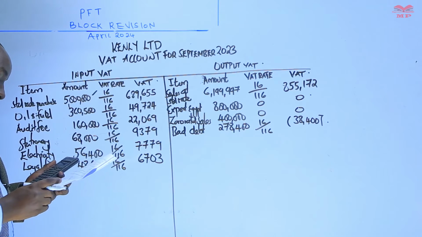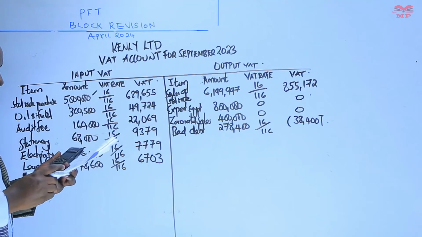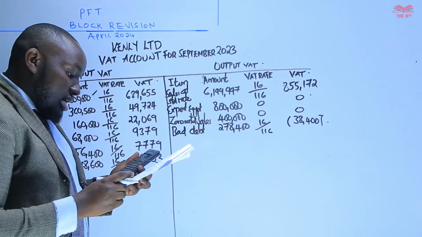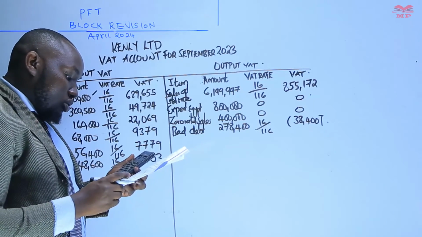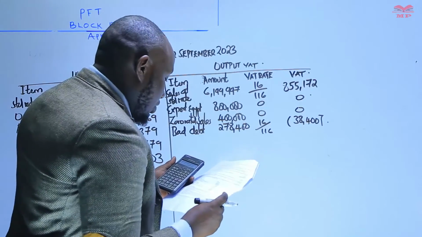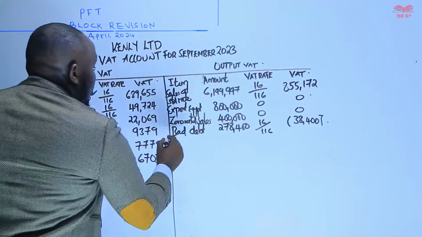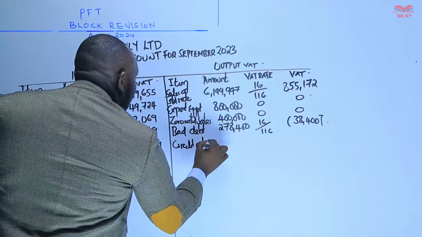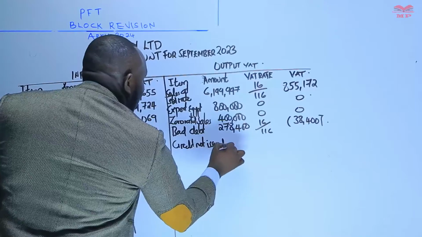Then we have the next, a customer returned goods sold at standard rate. At 58, the company issued a credit note. So we have what you call a credit note issued.